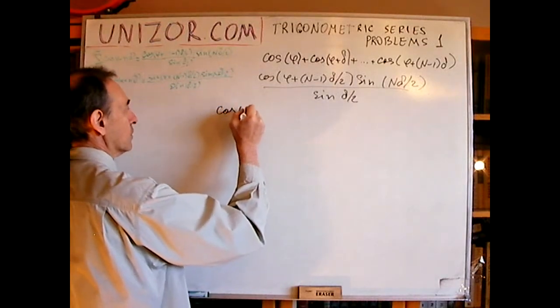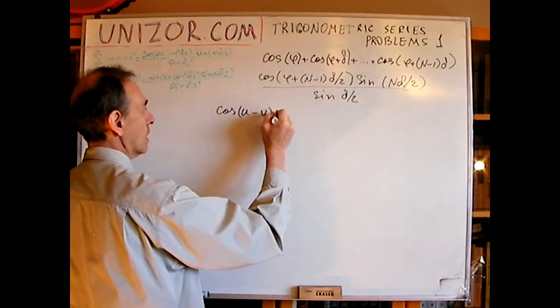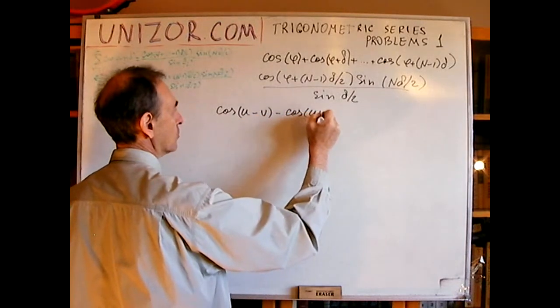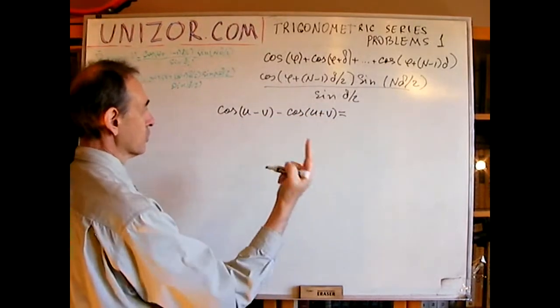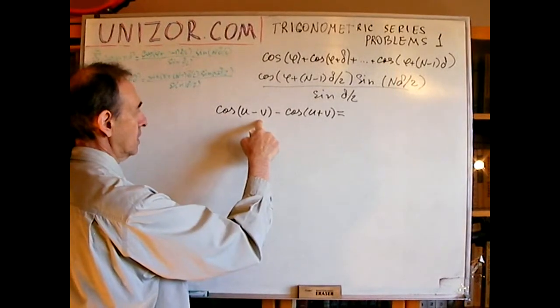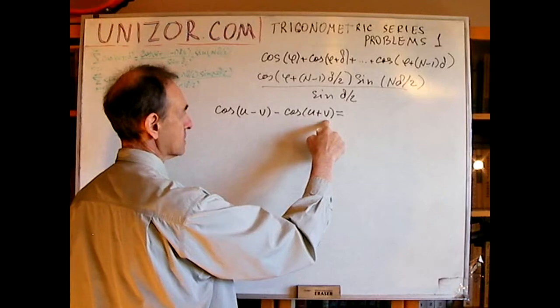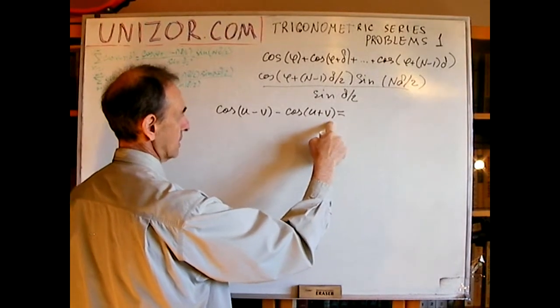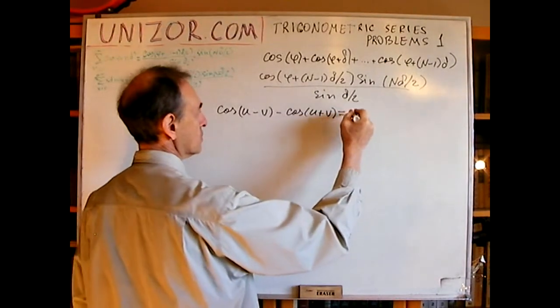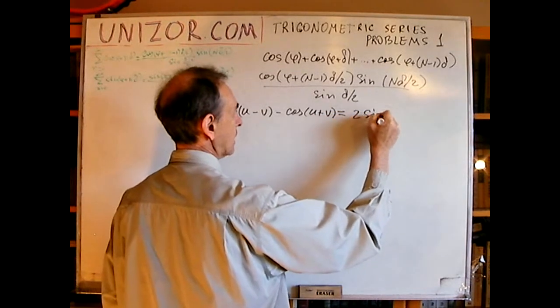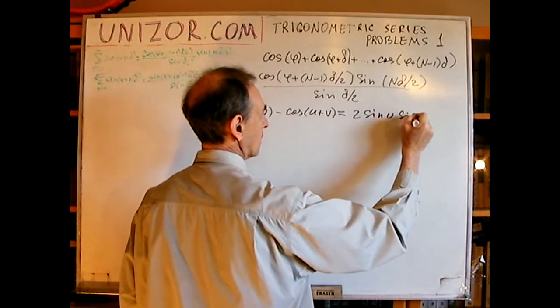cosine of u minus v minus cosine of u plus v, what is it equal to? Cosine cosine plus sine sine, and this is cosine cosine minus sine sine. So the cosine cosine will cancel, and what I will have left is 2 sine sine.